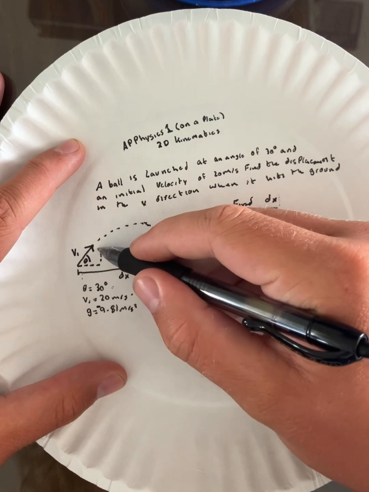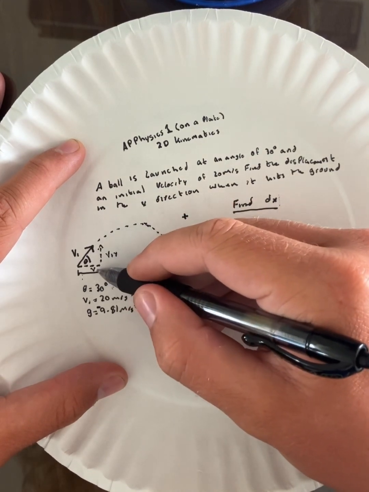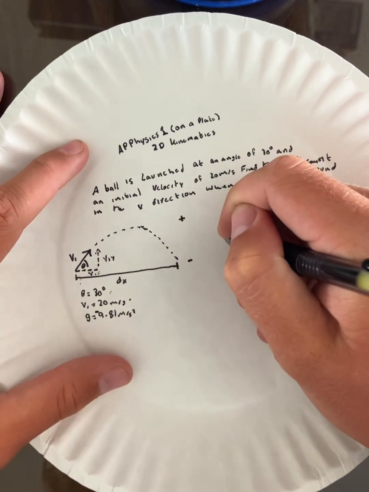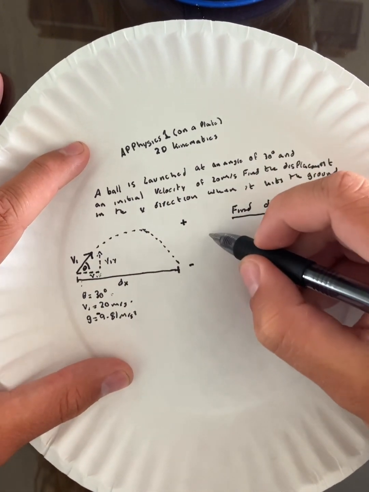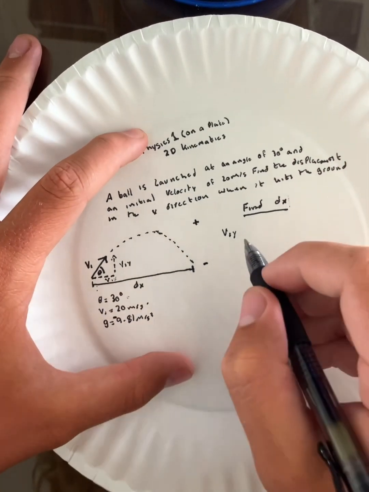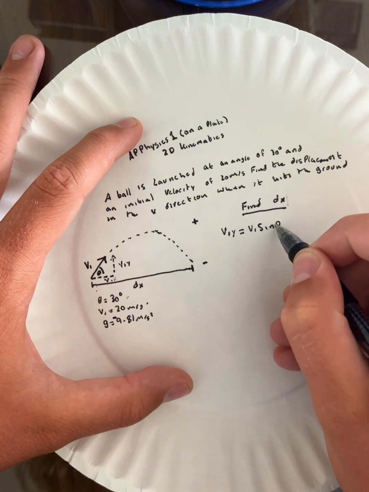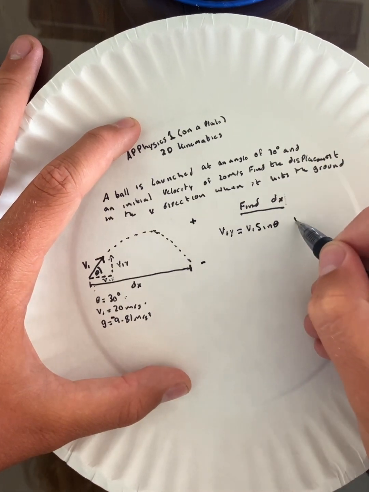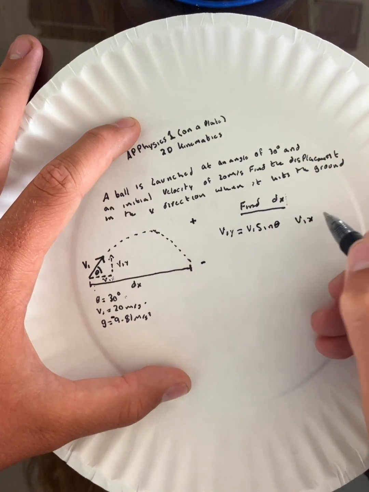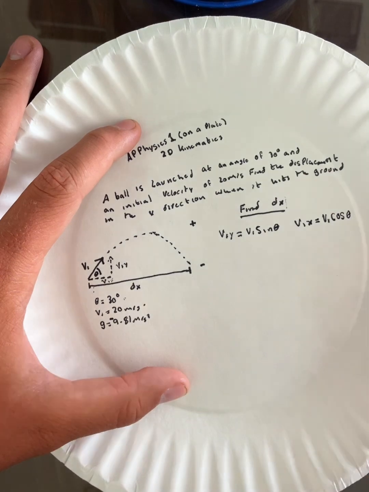As you can see, the y component and the x component of this vector are equal to vi times the sine of theta for viy, and vix is equal to vi cosine theta. That's just due to some trig. If you want to look at my vector video, you could check it out.